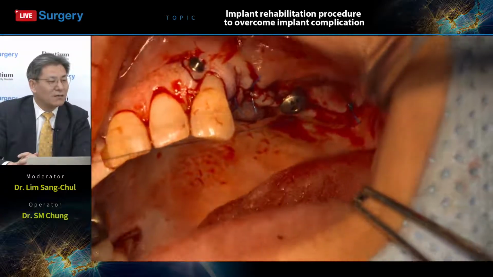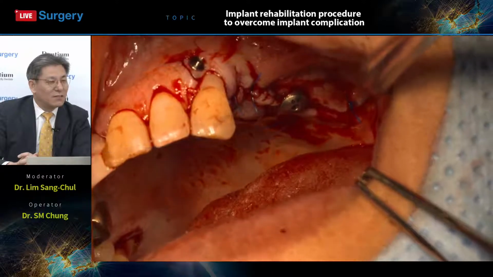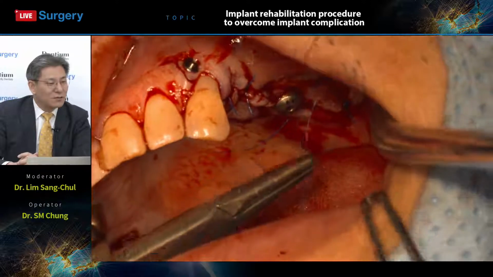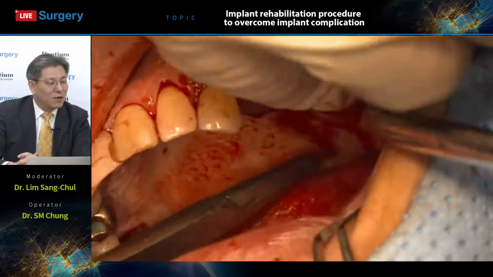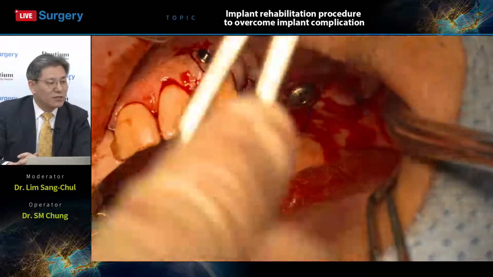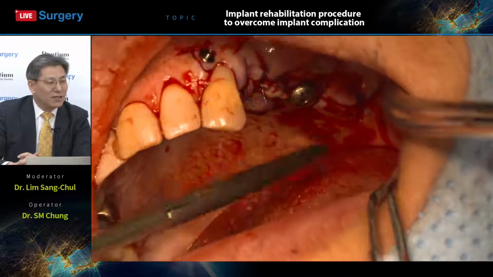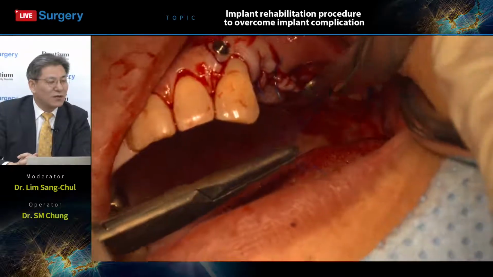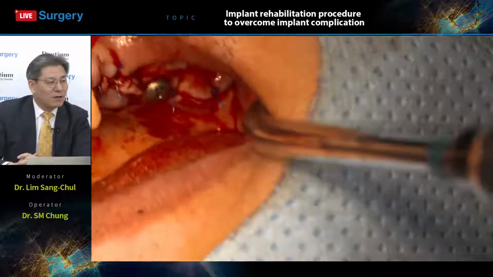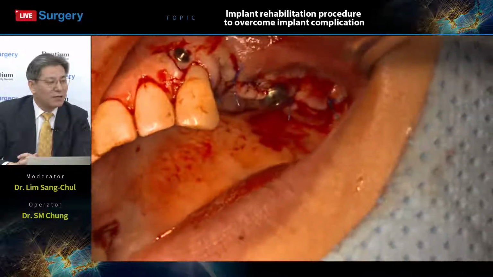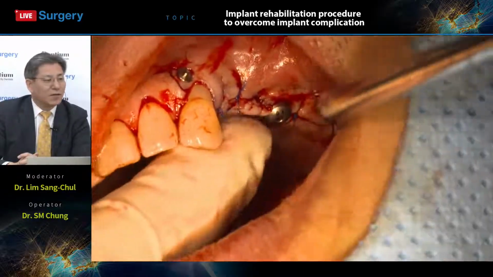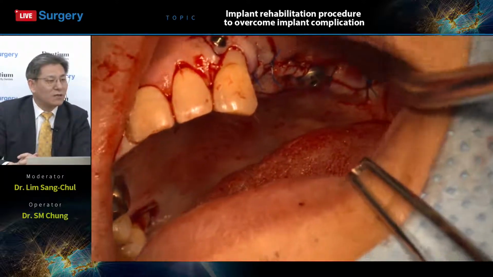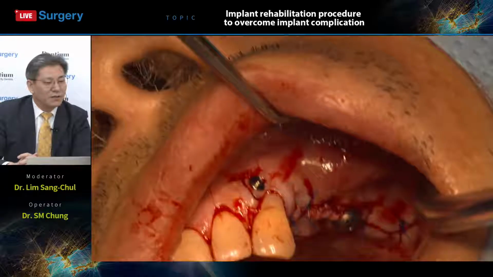Yeah, it is another clever way of flap closure. Flap is generally closed by suture, but Dr. Zhang preferred to use this kind of pin to fix the overlying flap. Okay, they're almost done around this area.